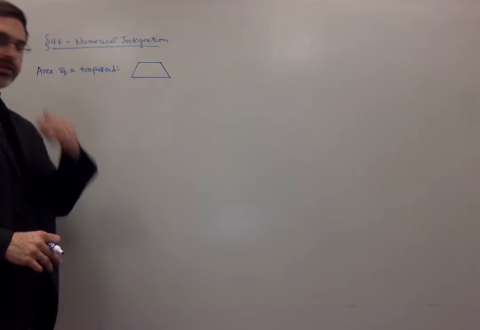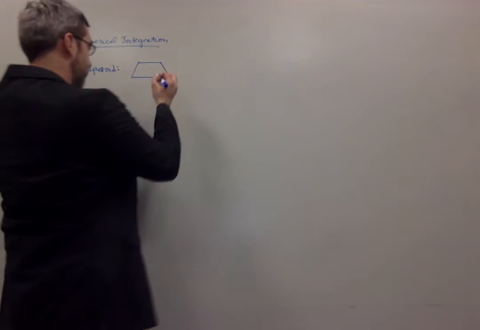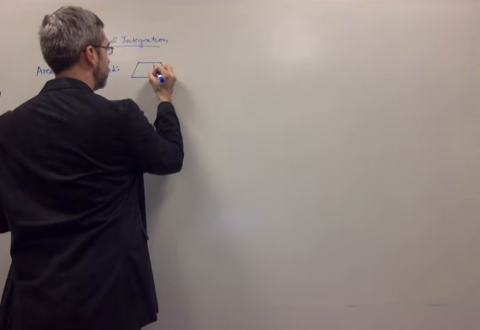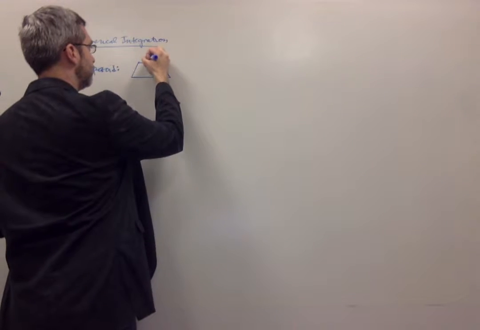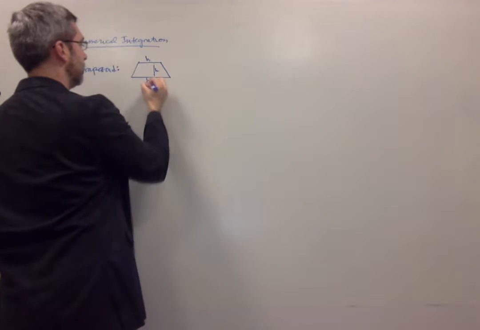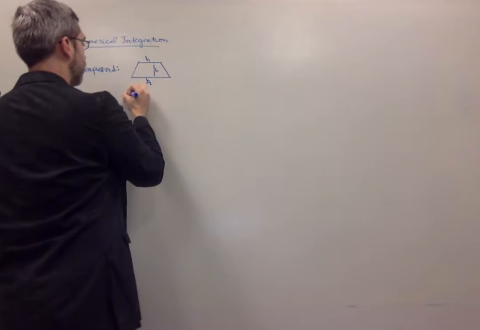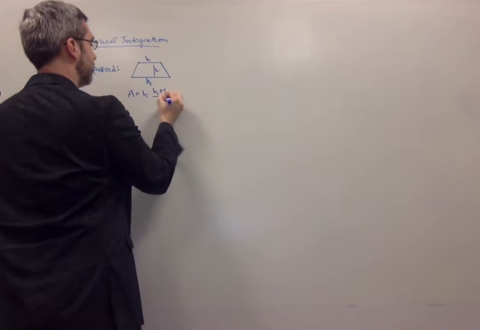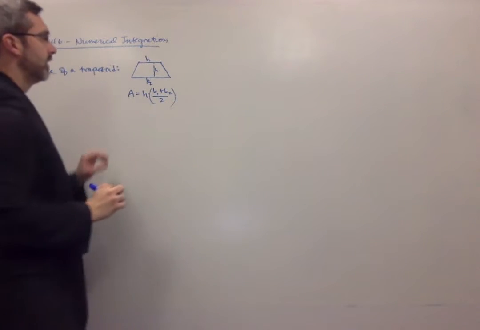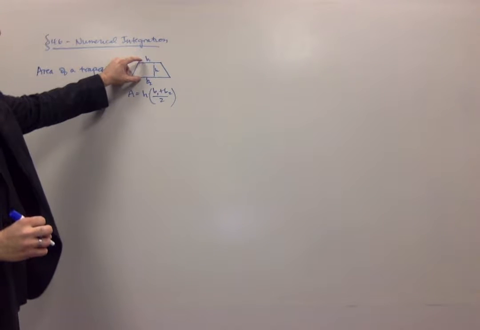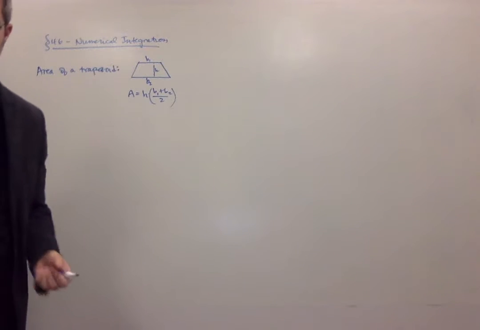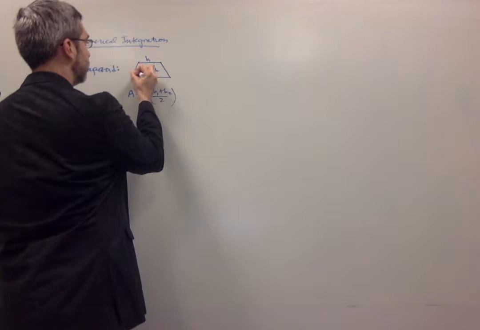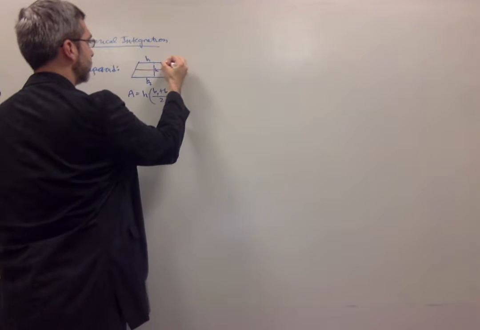How do we get the area of a trapezoid? Well, if you remember from geometry, maybe you do, maybe you don't, trapezoids have a height and 2 bases. And the area ends up being the height times the average of the 2 bases. If you take the average of these 2 bases, what you end up getting is a length that's halfway in between.